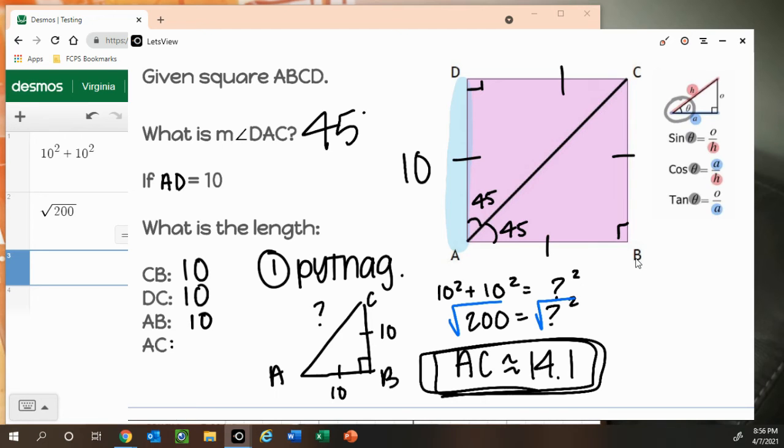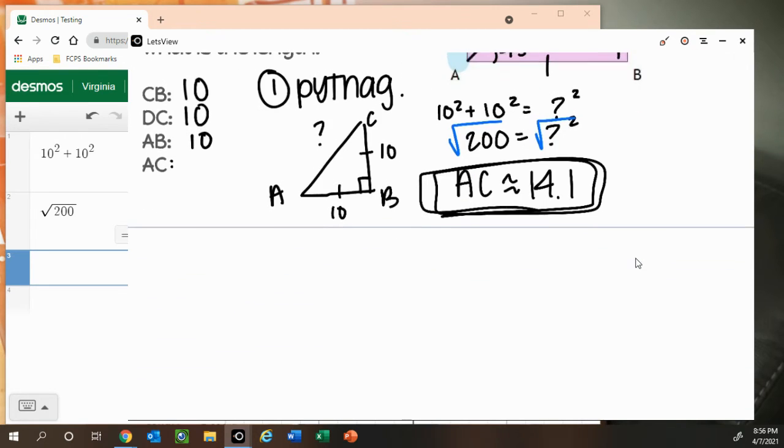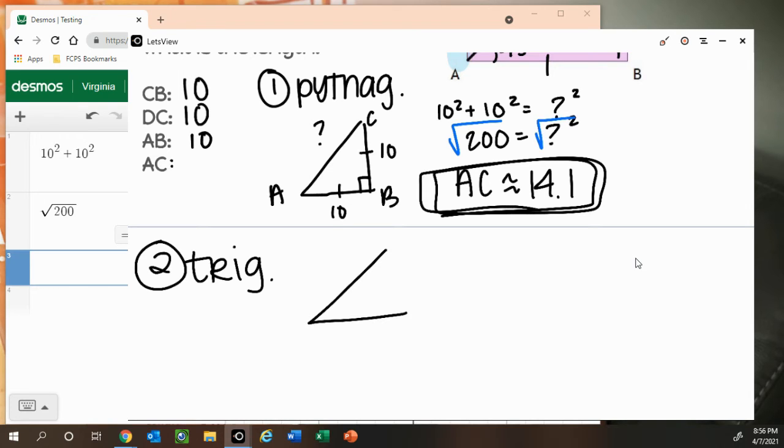The next way that you can do this, our second way, is with trig. I'm going to redraw the triangle again, but we're going to be focusing on different parts of it. What we know, like I said, is this angle is a beautiful 45-degree angle.